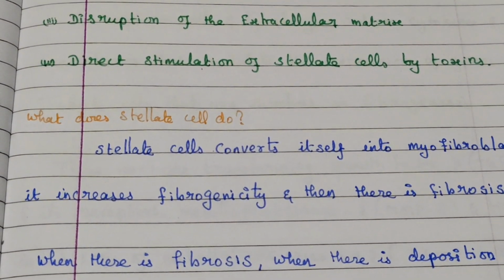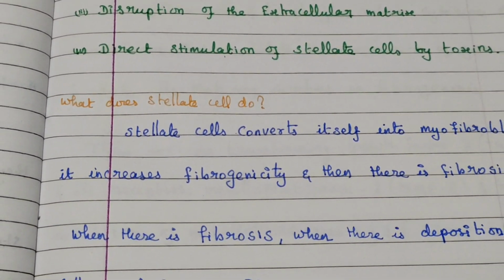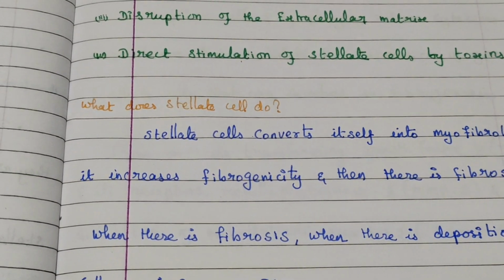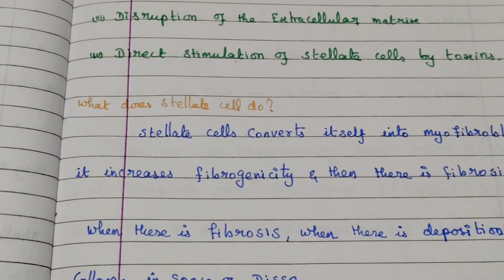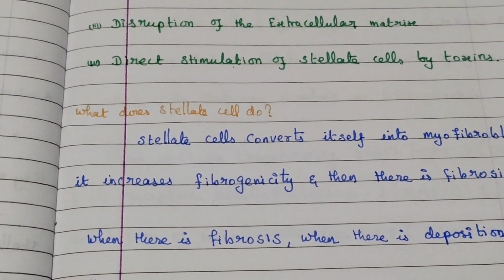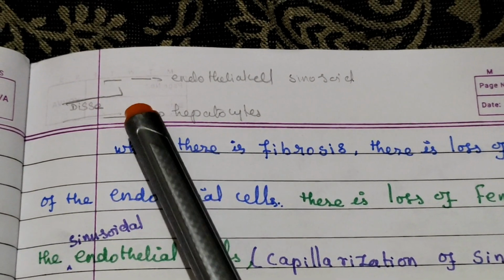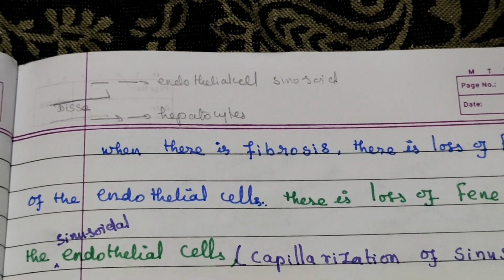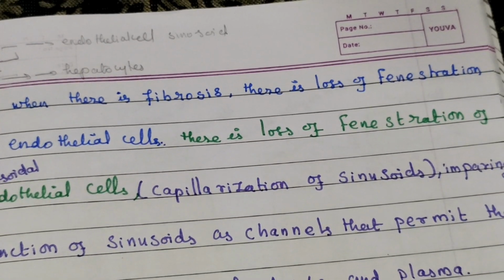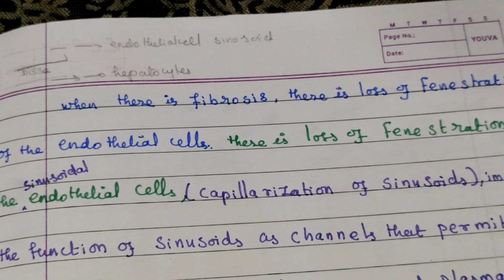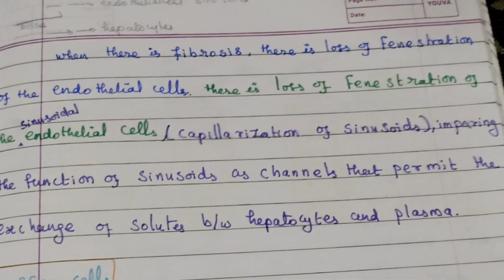When there is deposition of collagen in the space of Disse, with the endothelial cells and the hepatocytes around it, there is loss of fenestration of the endothelial cell. The endothelial cell cannot transport easily now.